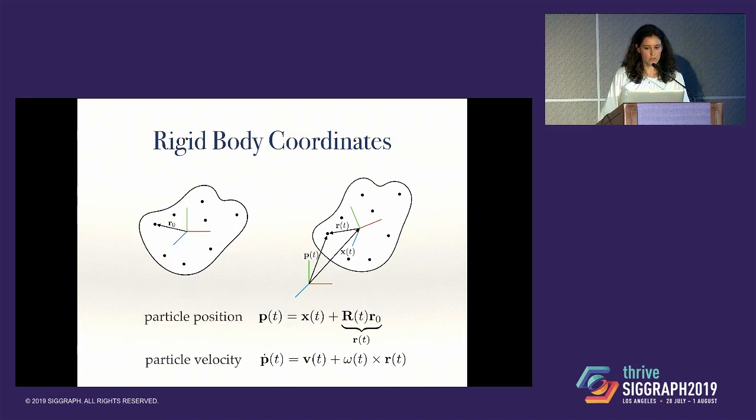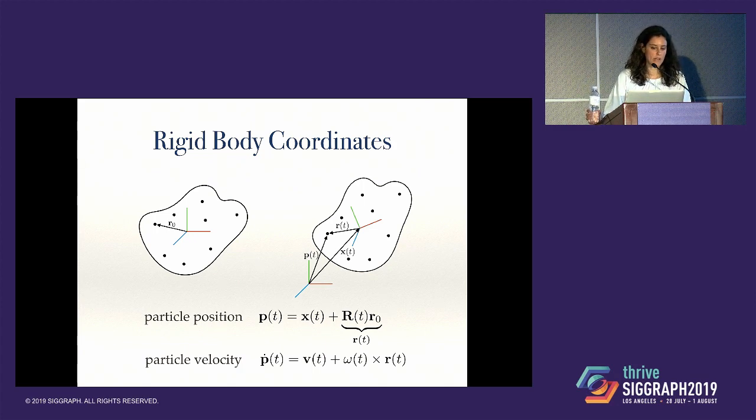Now, if I want to know the position or velocity of some point on the surface of the rigid body or in the interior, I can express it from the center of mass and orientation of the body. So the position of a particle on the rigid body, I can find by applying the orientation or rotation R of the body to the vector r0, and then adding the current translation.